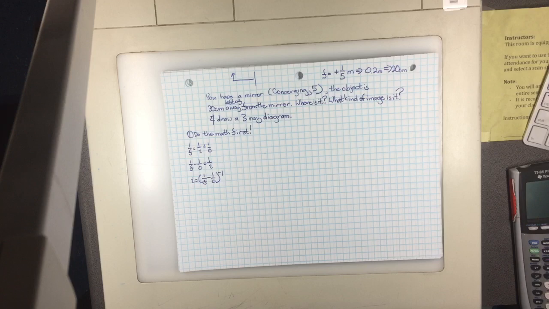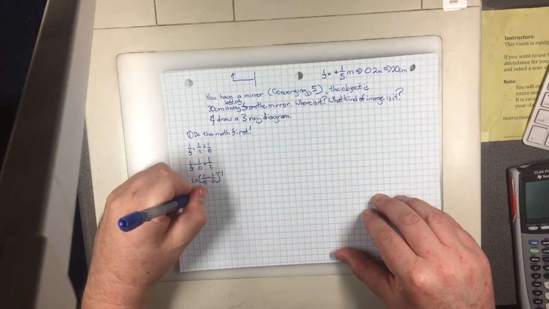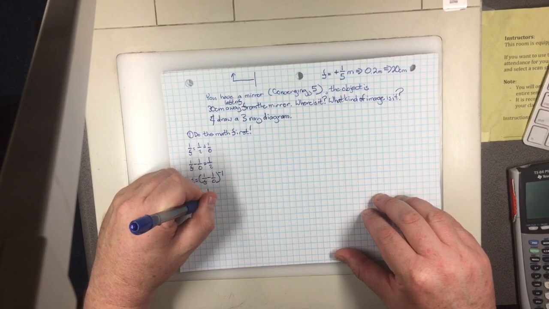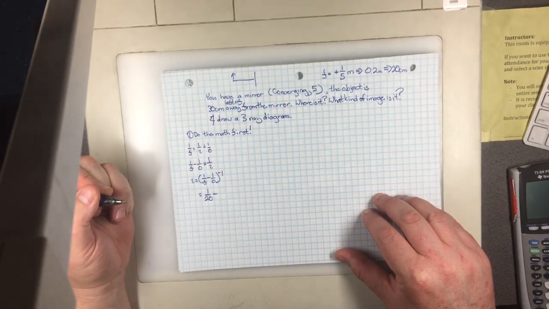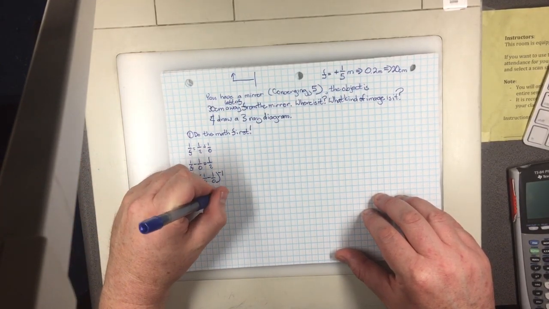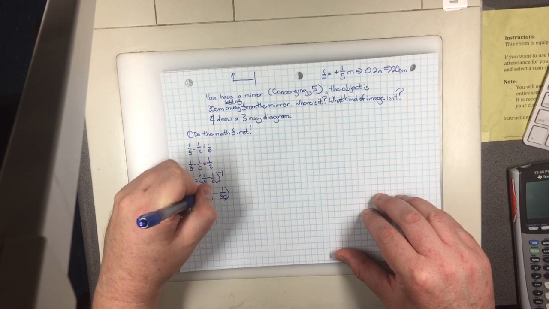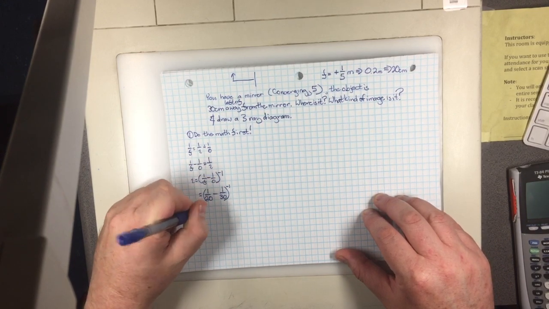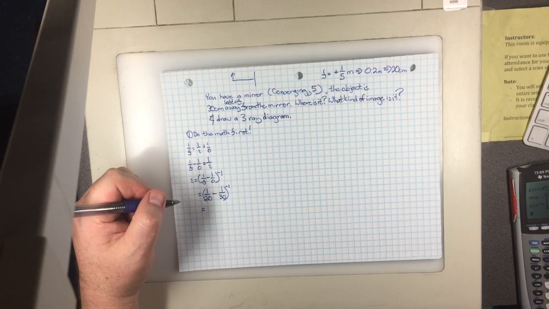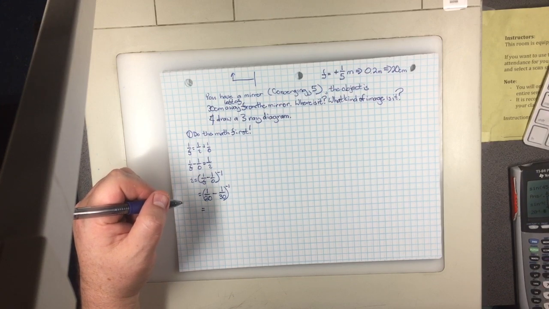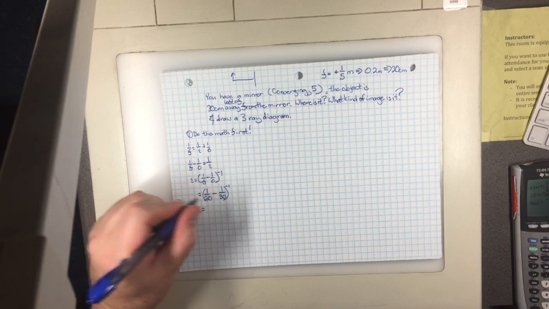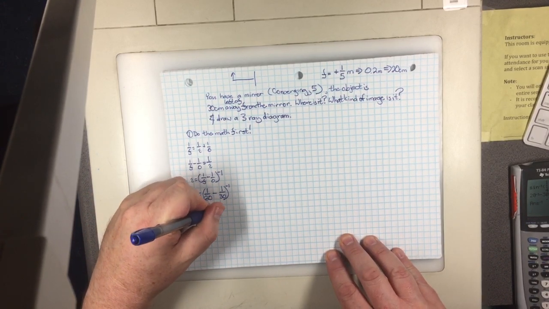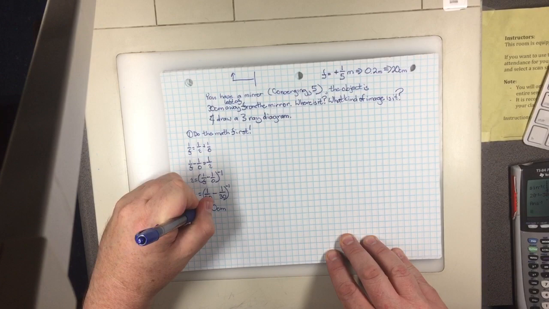Get the math done first. This is 1/20. The object is 30 centimeters away, so that's 1/30. And we invert. So this gives me 60 centimeters. And it's positive.